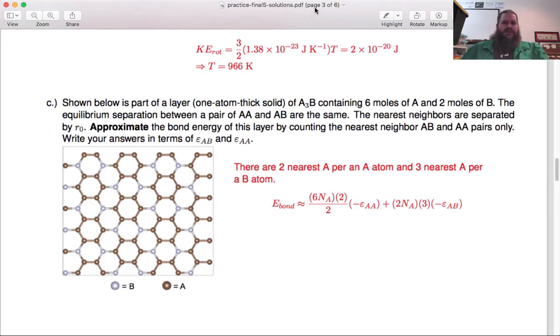So if you look at a typical type A atom, let's say this one. How many type A nearest neighbors does it have?